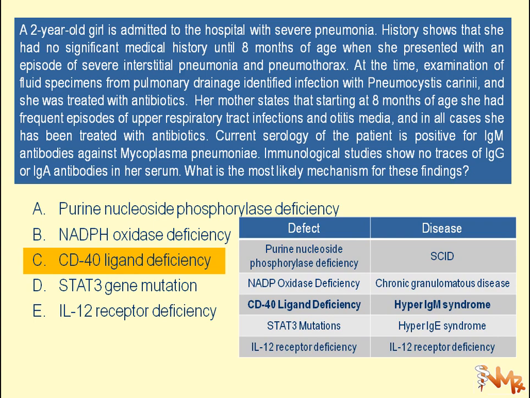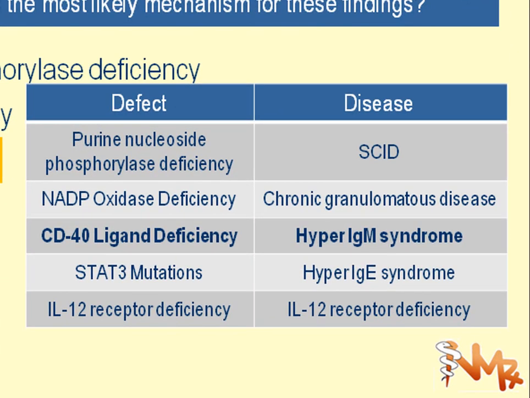To orient you again and give you a high-yield fact, essentially the facts in this table for your exam: the purine nucleoside phosphorylase deficiency causes SCID. We have also covered this from a different angle in your biochemistry. NADPH oxidase deficiency, again, is associated with chronic granulomatous disease. Again, we covered this in biochemistry.